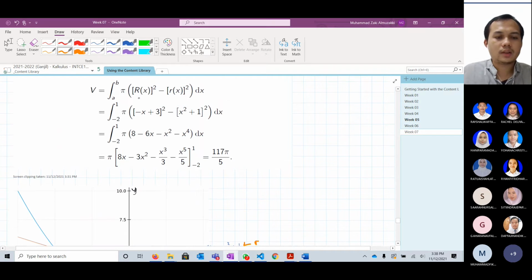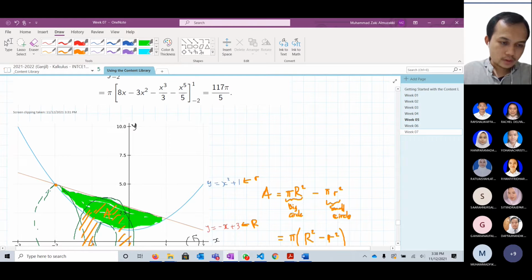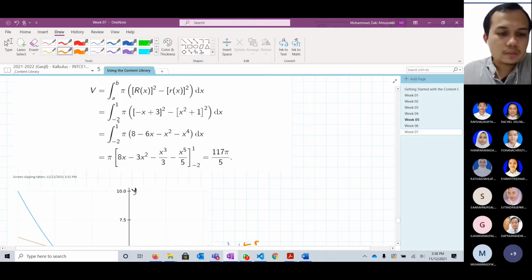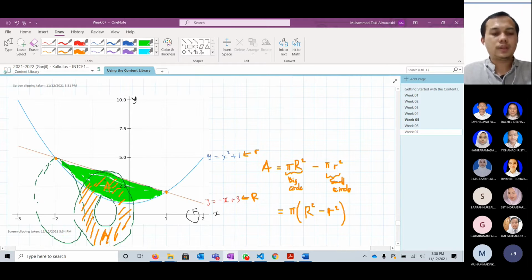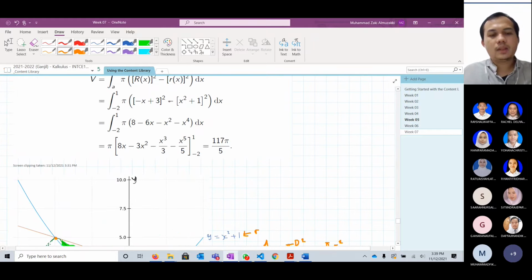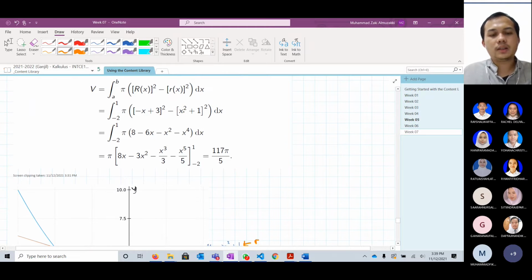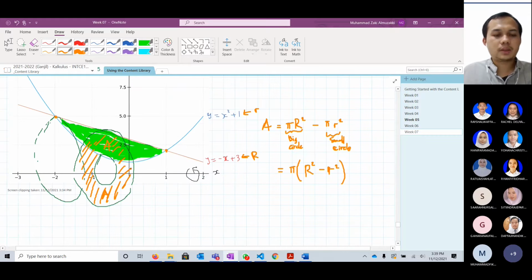So that's why the volume becomes the integral from -2 to 1, because the integration is from this intersection to that intersection. From -2 to 1, pi times (minus x plus 3) squared, because the top radius is minus x plus 3, minus (x squared plus 1) squared, because the bottom radius is x squared plus 1.